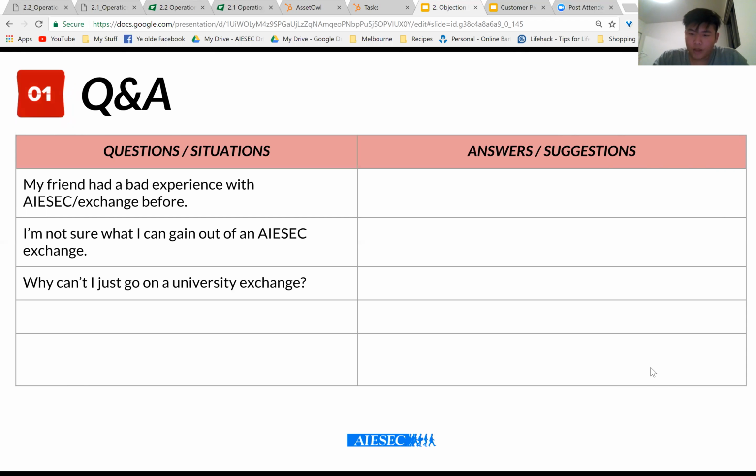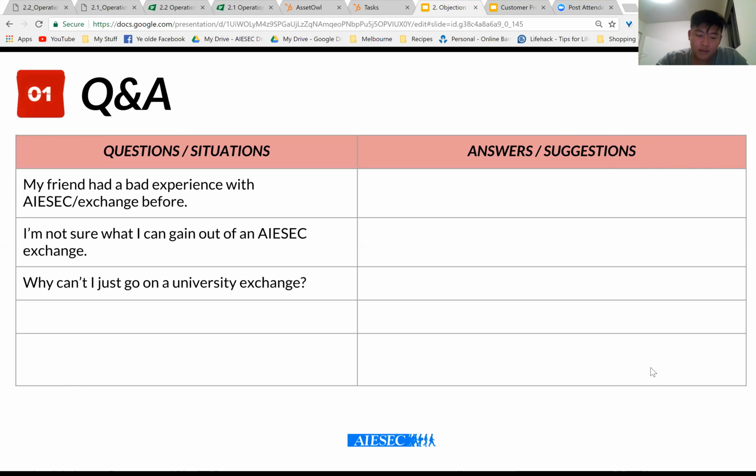So the thing with that, I guess, is if the Chinese EP can't go into a country because they can't get a visa, then we can't really guarantee that country to them.